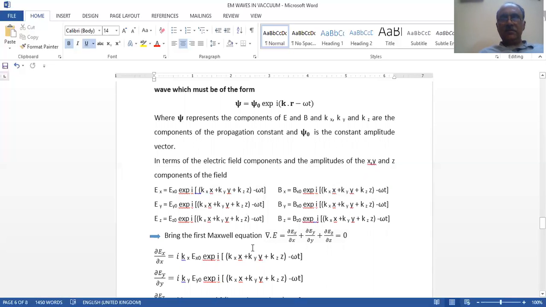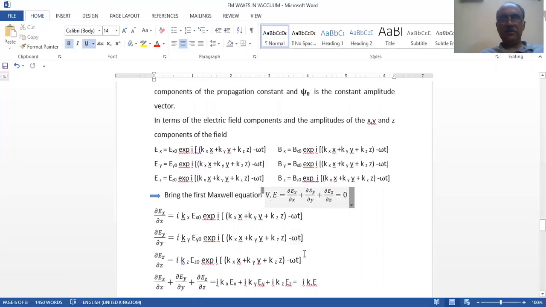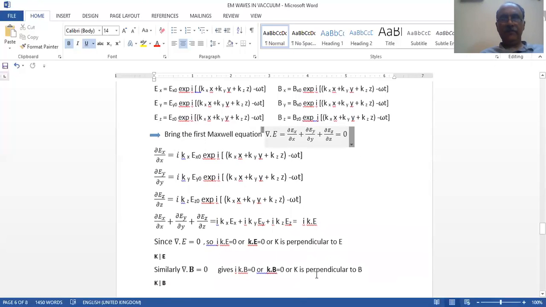Bringing in the first Maxwell equation, divergence of E equal to 0, which means you calculate del Ex by del x, del Ey by del y, and del Ez by del z, and you combine them. You find that divergence of E comes out to be i k dot E. Since divergence of E is 0, therefore i k dot E is 0.